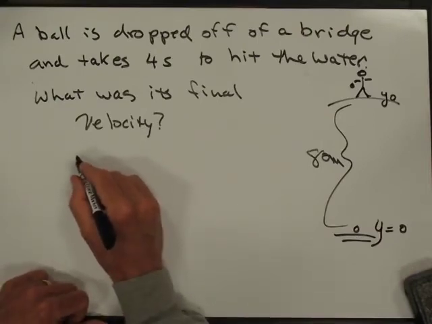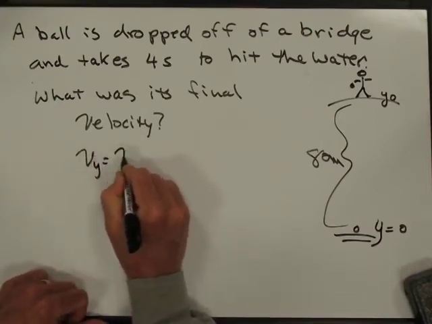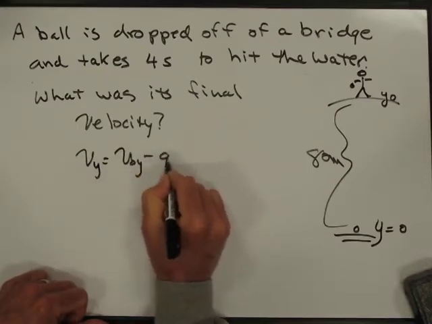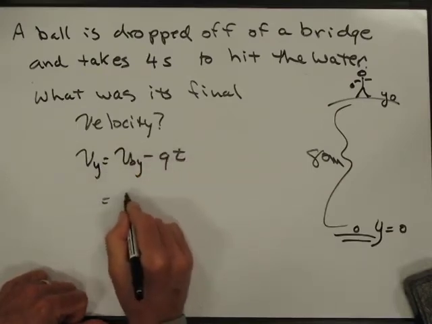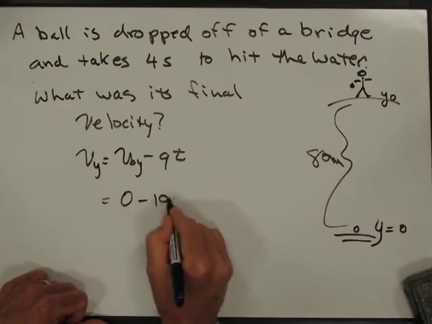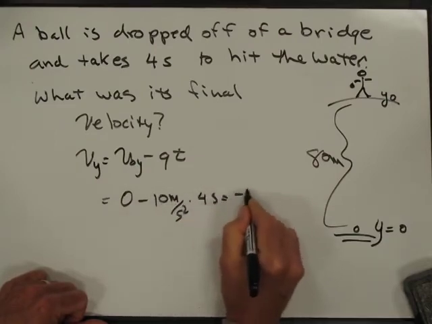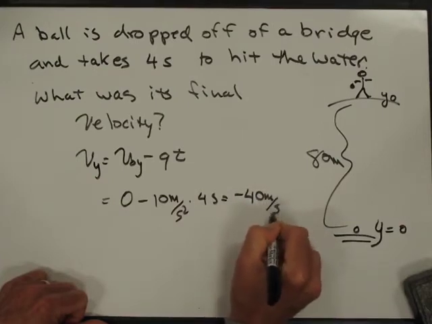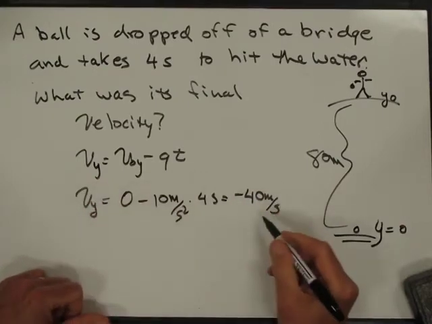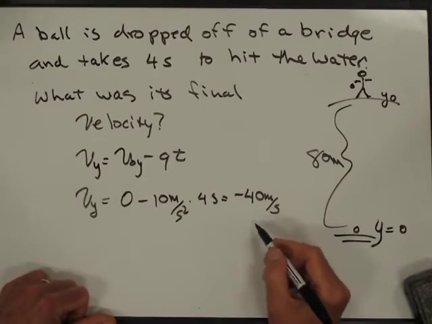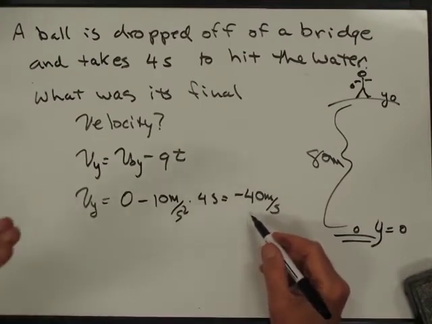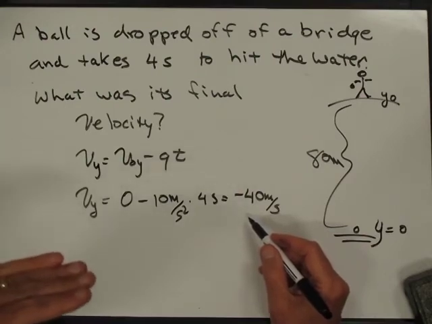And so we can say Vy is equal to V0y minus g times time. That was equation 2. We already said the initial velocity is 0. But we already knew this because we know that every second that goes by, the velocity changes by minus 10 meters per second.